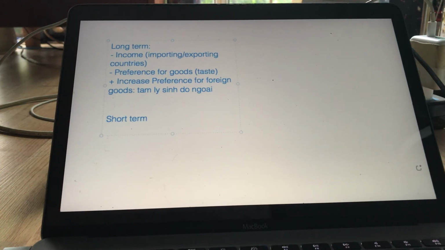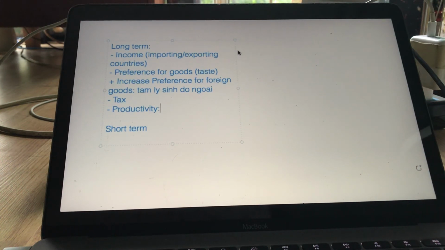And what else? We have the tax that may affect the exchange rate. And the last one, productivity, năng suất, the labor productivity, năng suất lao động. So we focus on these four determinants.